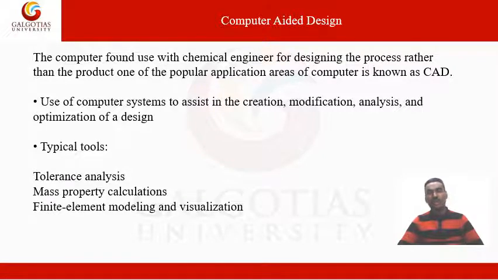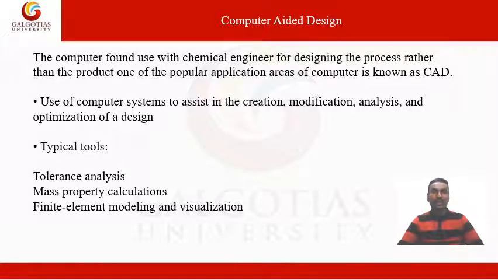So what are the things that can be done with the help of CAD? It is used for designing, and not only for designing but also for creation, modification, analysis and optimization. For all these purposes it is used.